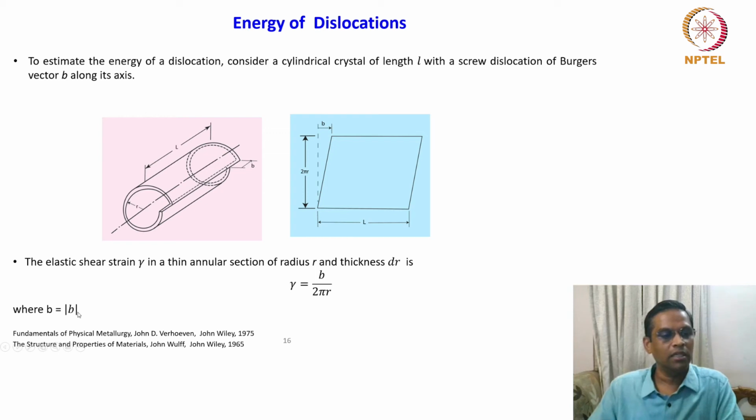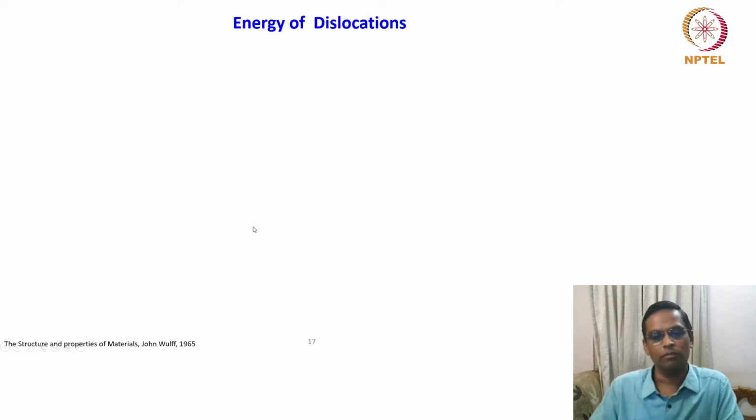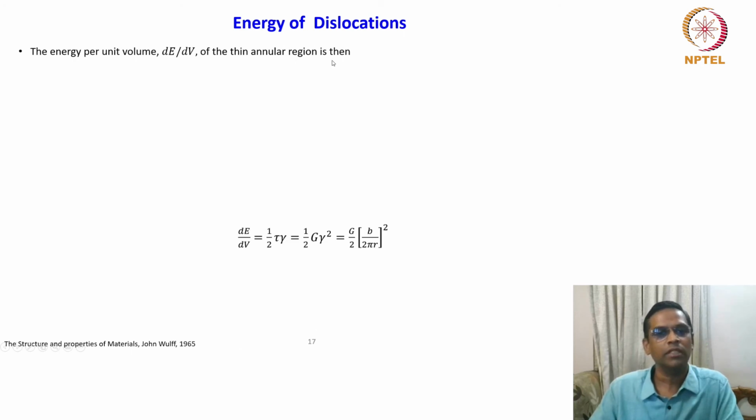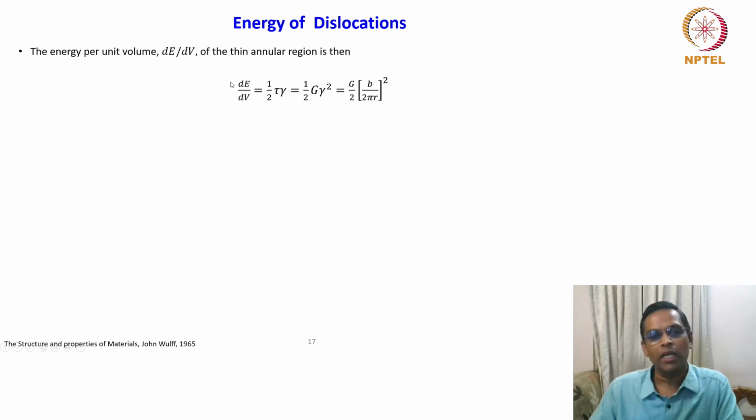And B is the Burgers vector here, but we are interested in the magnitude. What we are interested in is the energy per unit volume, that is dE by dV of the thin annular region, which is given by dE by dV equal to half tau gamma. This expression is also quite familiar to you. We may not have used exactly dE by dV, but you see half tau gamma.